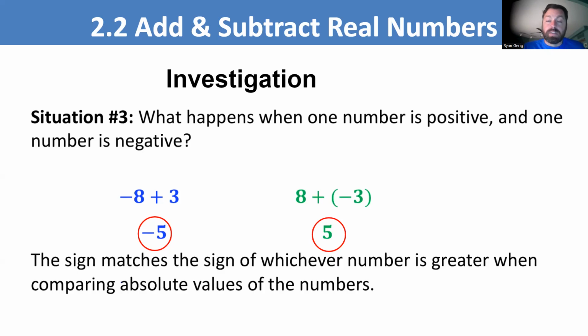A thing that might help: the sign of the answer matches the sign of whichever number is greater between the 2 numbers. So with negative 8 and 3, 8's the bigger number, so negative goes with the answer. In the second one, 8 and negative 3, 8's the bigger number, it's positive, so the answer is positive.